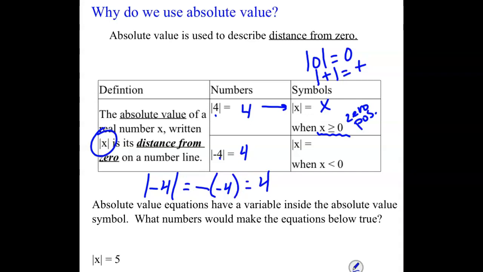So if my number is starting out as a negative value and I take its absolute value, I make it into its opposite. How we write that algebraically, the absolute value of x comes out as the opposite of x when x started out negative. Does that make sense? So I want you to think of this as opposite. The absolute value of x when x is negative is going to come out being its opposite. Okay?